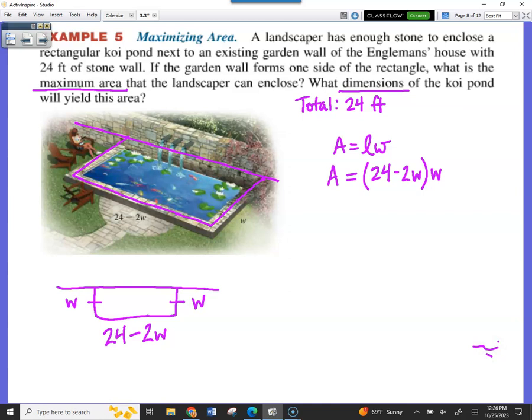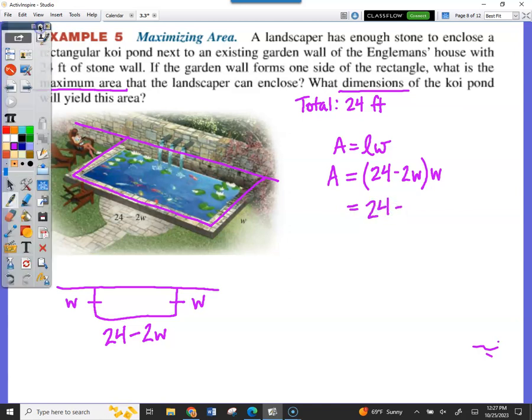We have this equation for the area of the rectangular pond. What happens if I distribute that W? You end up with W squared, which is a quadratic. So you can kind of see where this is going.